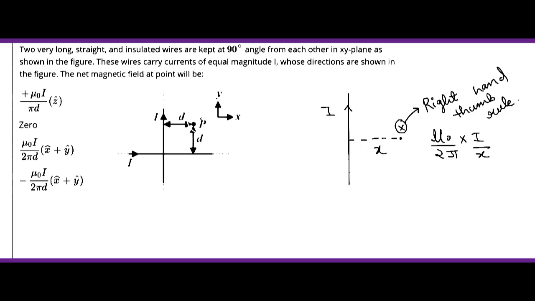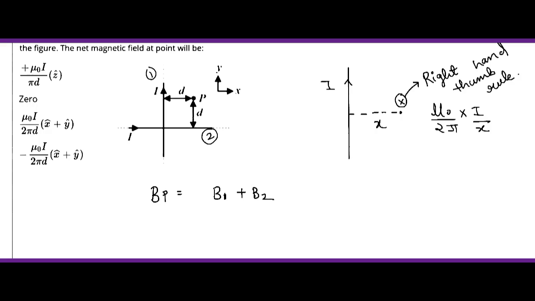So now we have to calculate the magnetic field at point P due to wire 1 and due to wire 2. So the magnetic field at point P is equal to magnetic field due to wire 1 plus due to wire 2.